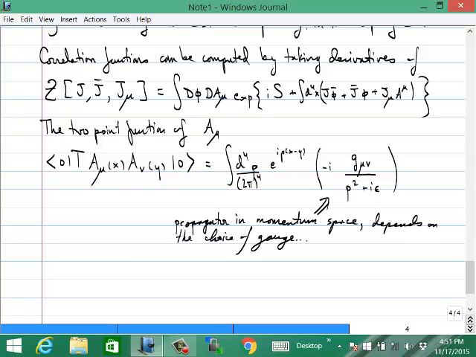In particular, I remind you that under a gauge transformation, A shifts by the addition of d mu lambda, where lambda was your gauge parameter. And so what that means is that this two-point function itself depends on a choice of this parameter lambda. Okay? And so it's not surprising then that the form for the propagator depends on the choice of lambda.